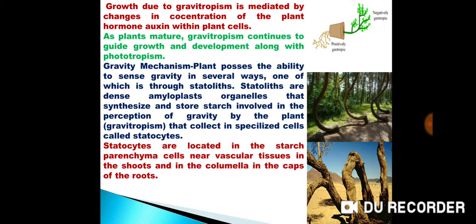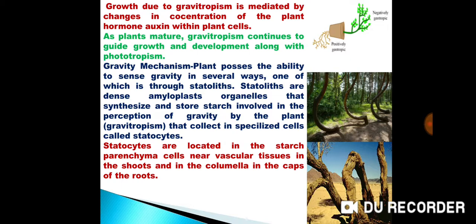Statoliths are dense amyloplasts, organelles that synthesize and store starch, involved in the perception of gravity by the plant, that collect in specialized cells called statocysts.